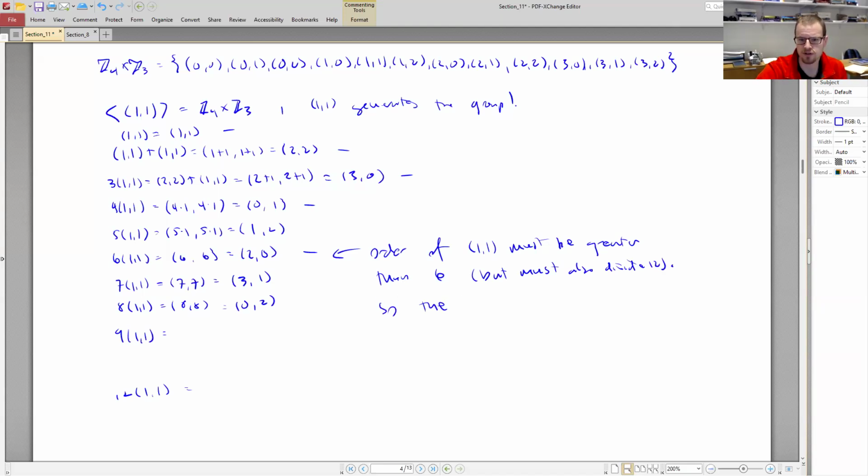So the order of 1, 1 must be 12, generating the whole group.